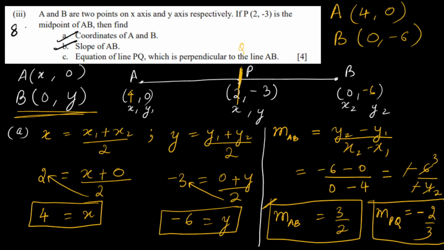And see, the line PQ is passing through 2 comma minus 3. The PQ line is passing through the coordinates of P, which is 2 comma minus 3. So we can consider the coordinates of P as x1, y1.